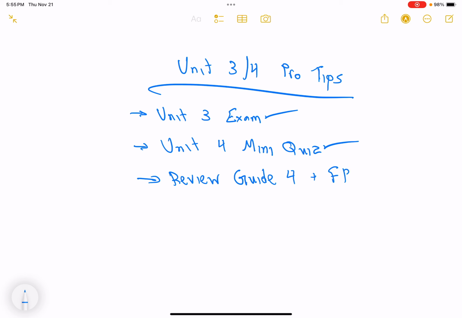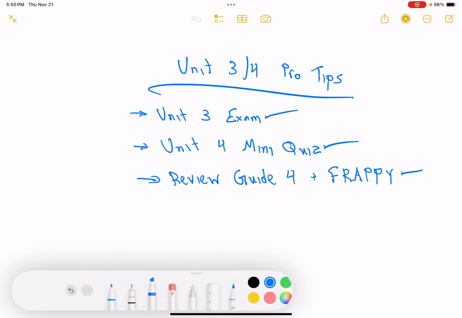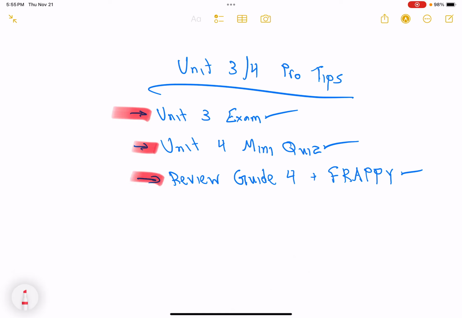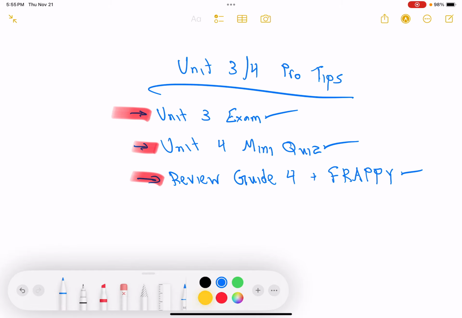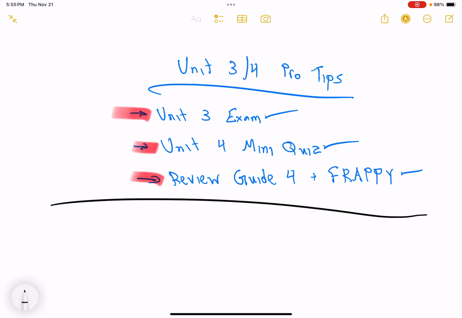And the FRAPPY. If you've gone through these various things, you're already in pretty good stead, okay? And if you know them inside out and backwards, you will nail this test. There are only a couple of curveballs, and they're all within the realm of satisfied understanding, right? But those are our starting points.